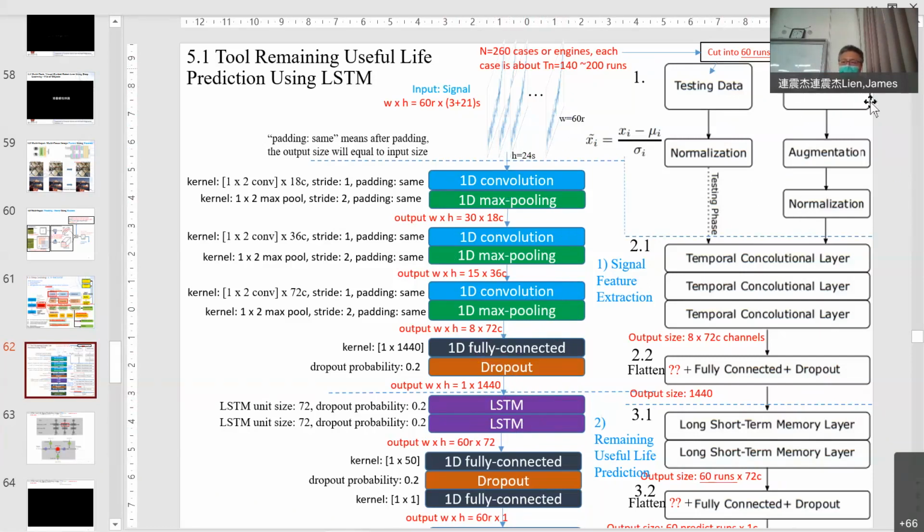So for training data, if our training data is not enough, we do augmentation, 就把它增加，加上噪声之类的东西就增加。And then before we input, we do normalization because they are signals. Signal has a maxima, minima, peak.